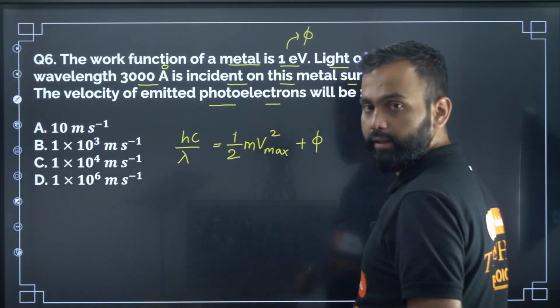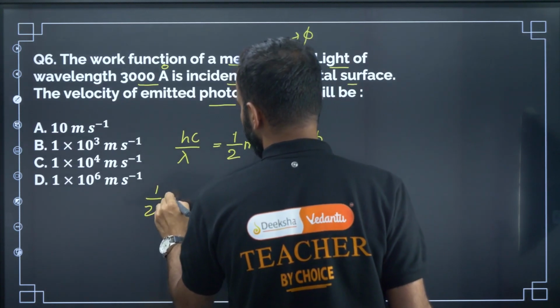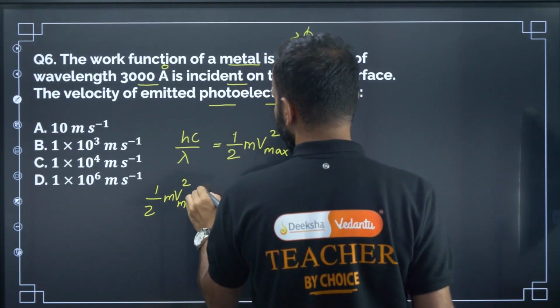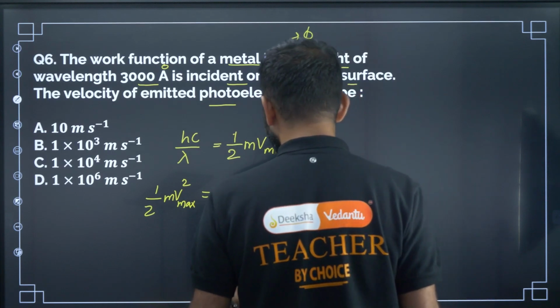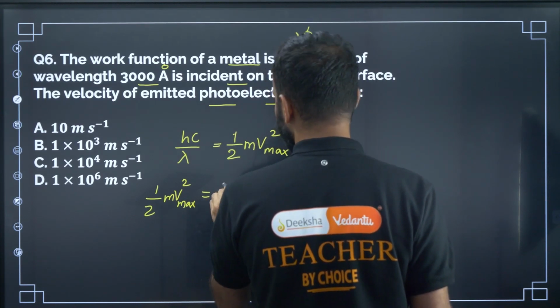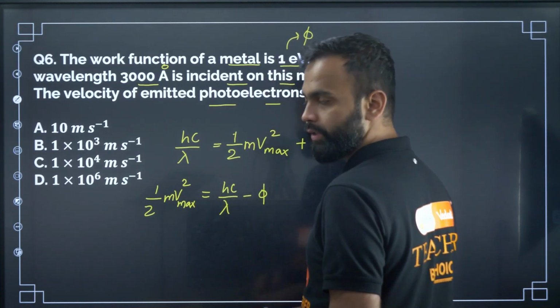We need to find V max, right? So half m V max squared, that is the velocity of the emitted photoelectrons, right? So half m V max squared is equal to hc divided by lambda minus phi, right? Now substitute the values.